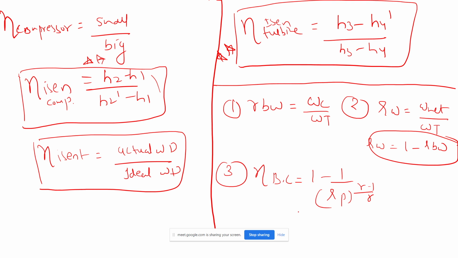Okay. Fourth important formula, which I have told you, that for maximum work output, T2 is equal to T4. Fifth important formula, that at maximum work, T2 is equal to T4 is equal to square root of T1 T3.